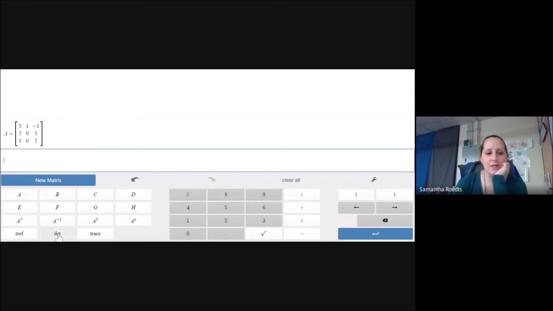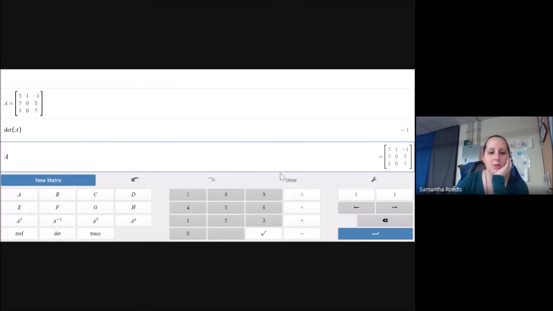I want to find the DET of A, so I click on the DET button. Enter. The DET is 1, so it does have an inverse. And then I'm going to click this A to the -1, which is just the inverse. I have to click A, which is my matrix, and then I'm going to do the inverse, and it gives me the inverse of 0, -2, 5, 1, 11, -27, 0, 1, -2.